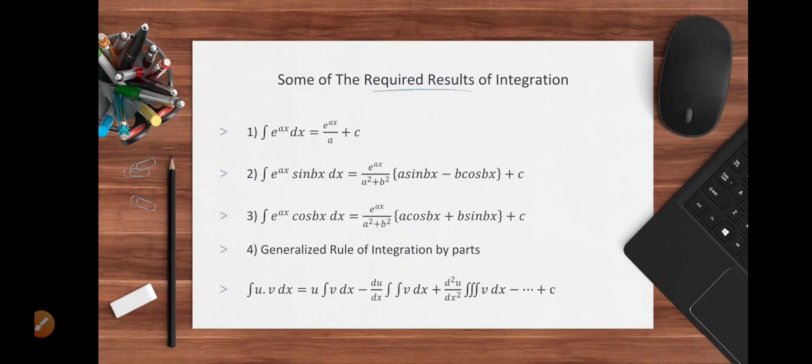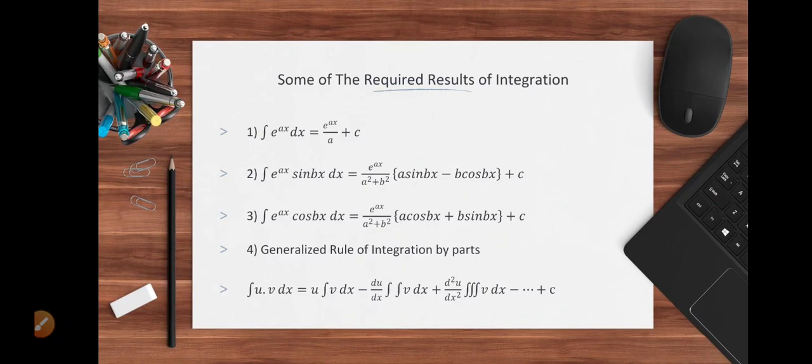Integration of u into v dx, where u and v are functions of x, and you are going to decide which function will be treated as first function u and which function will be treated as second function v, as per the LIATE rule. This rule you have studied in 12th standard.